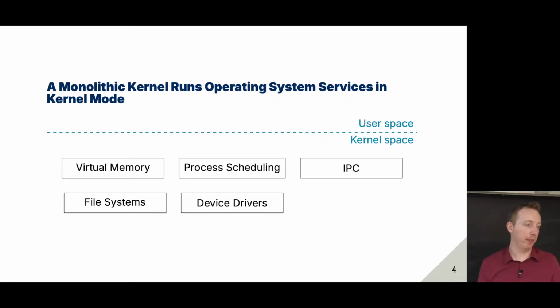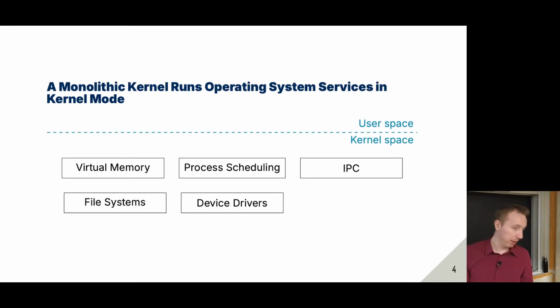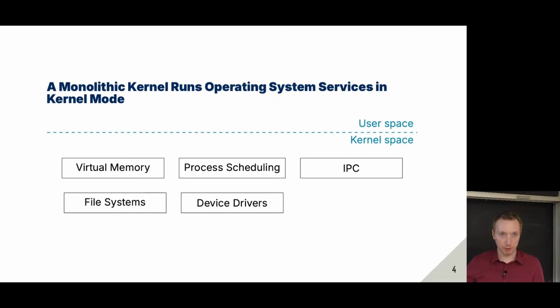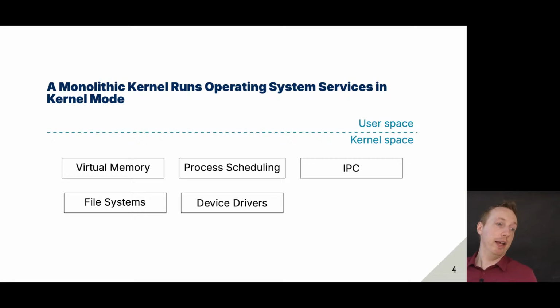So that would include things like virtual memory management, process scheduling, inter-process communication, file systems, device drivers, they would all be done in kernel mode. So they're all running in that privileged mode. You have to do system calls to interact with any of these. And this is what the Linux kernel is.